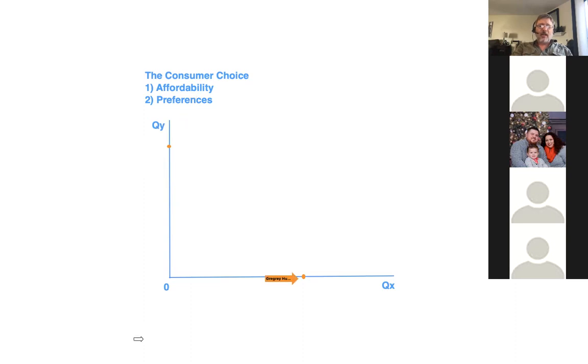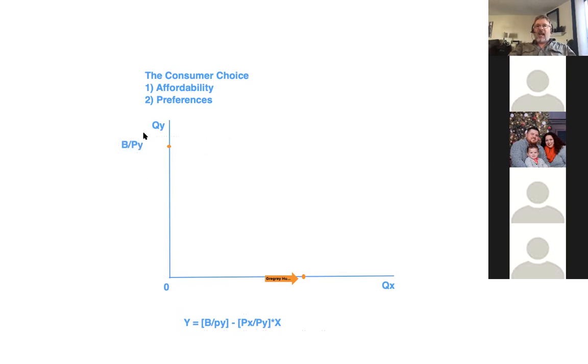And again, what we have is y is equal to b divided by the price of y minus px divided by py times x. Okay. And so that means this point generally will be b divided by py.